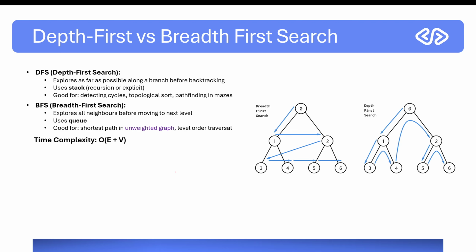What you should understand for these is how they work, what data structures they use to be implemented, and what they're good for. So here I have some nice trees. I'll go through depth first search first, because it appears first here.